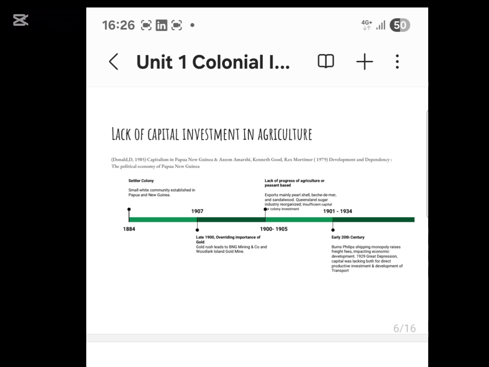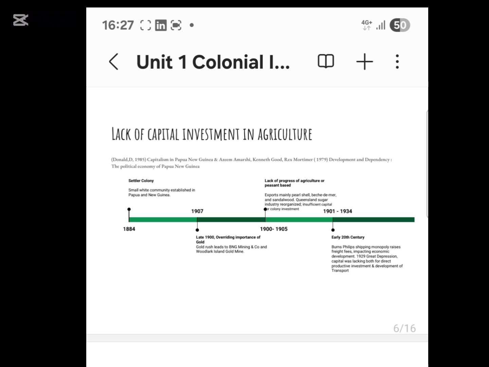Now, in the early 20th century, 1901 to 1934, we have Australian companies, Burns Philp and Steamships. These shipping companies had a monopoly over the trade routes in Papua.